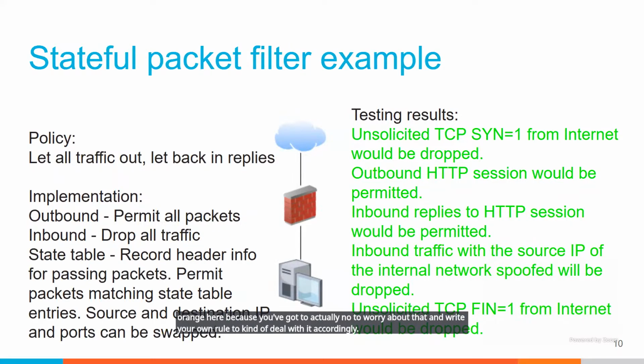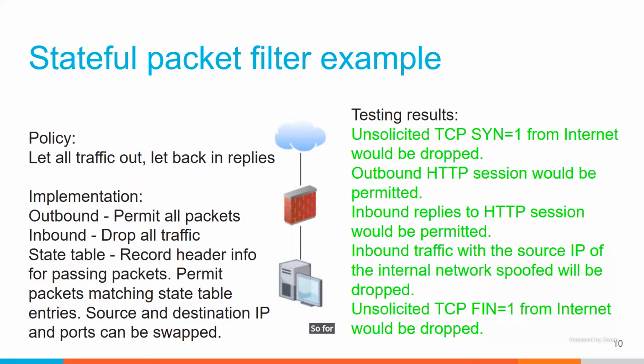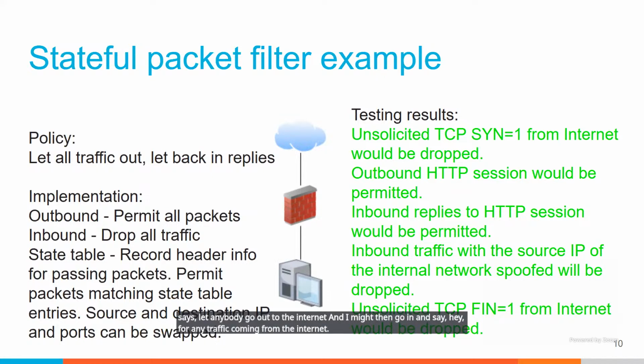Now, with stateful packet filters, we have the ability to remember earlier packets and make traffic decisions based on that information. So, for example, with a stateful packet filter, I might have a static rule that says let anybody go out to the internet. And I might then say, for any traffic coming from the internet, look at my state table.